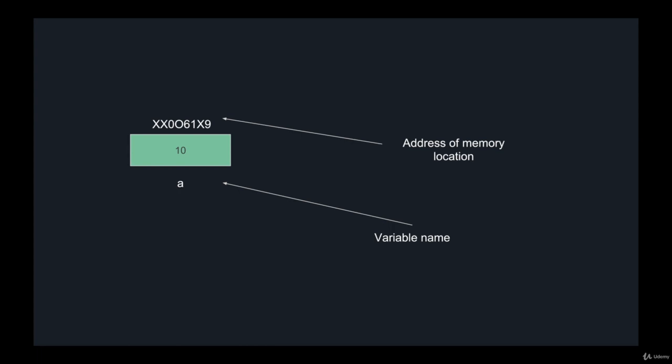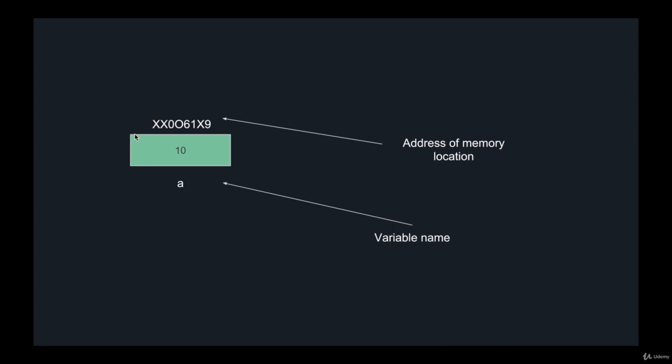The size of an integer is 4 bytes. Now when you declare this variable and assign it a value, what the compiler does is it allocates a memory block corresponding to 4 bytes, and if you are assigning a value 10 here, this 10 sits in this particular block.